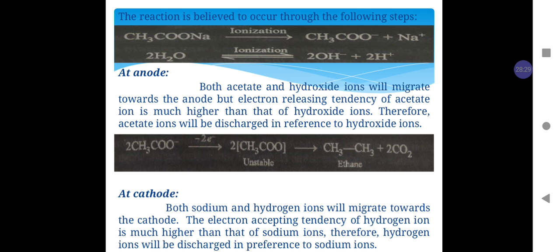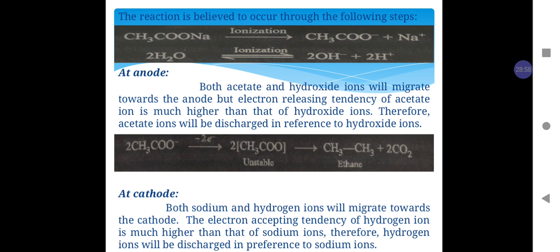In case of water, the ions formed are hydroxide ion and hydrogen ion. These different types of ion formed during electrolysis then migrate towards the respective electrode, or we can say these ions will move towards the oppositely charged electrode.